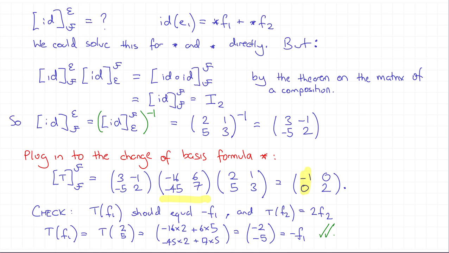So that has a nice simple geometric description. Vectors in the direction of F1 get multiplied by minus 1, so they get their direction swapped. And vectors in the direction of F2 get doubled in length by T. So you now have an easily understood geometric interpretation of what T does, which would not be at all obvious by looking at its matrix with respect to the standard basis.